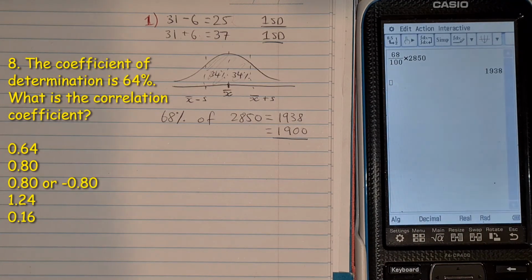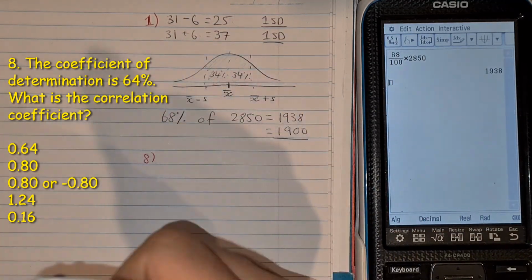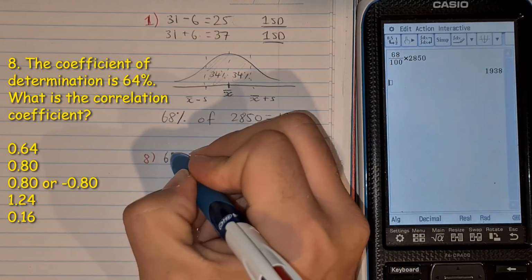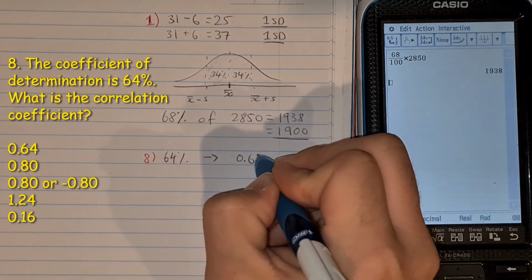The coefficient of determination is 64%. What is the correlation coefficient? So we should remember that if the coefficient of determination is 64%, that is the same as 0.64.